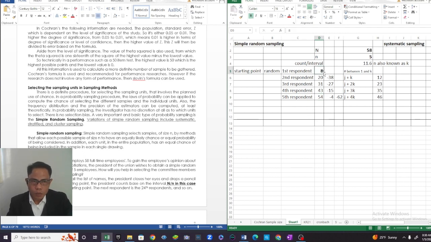The problem here is when, for example, the pen fell on a much bigger number, let's say 30. And you will notice that there is no respondent number 65 or 76, simply because the count changes. The count is 58, then you have to count back to number 1. So what you'll do is simply subtract 58 from 68, because we have to count back to 1 again.